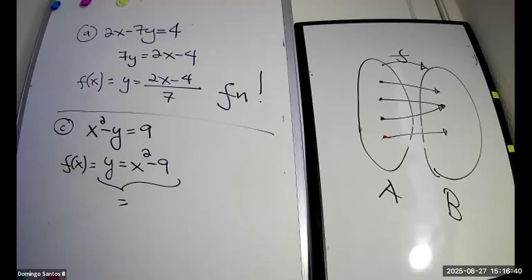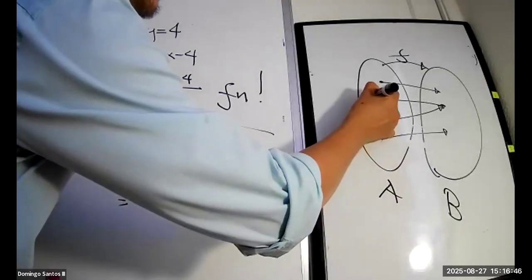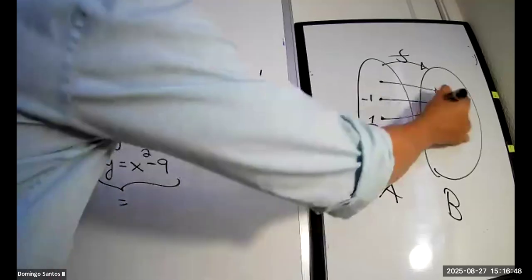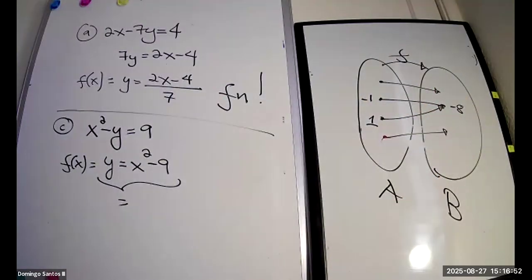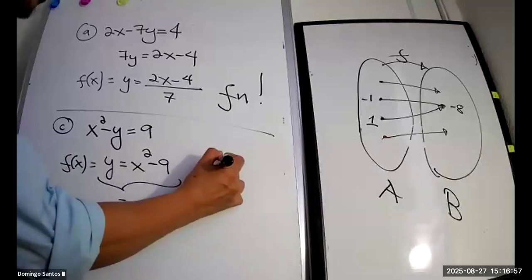Then it is still minus 8, but there's just one value, right? Meaning if this is -1 and 1, it is mapped to both -8. So this is a function, right? You agree? Yes.